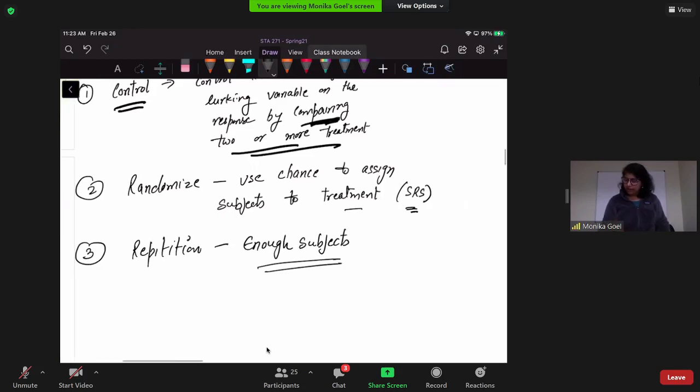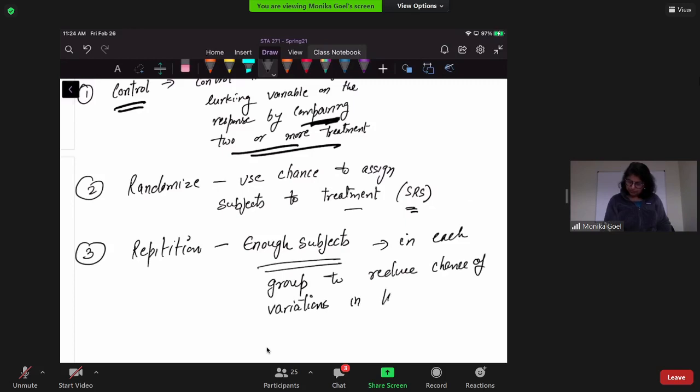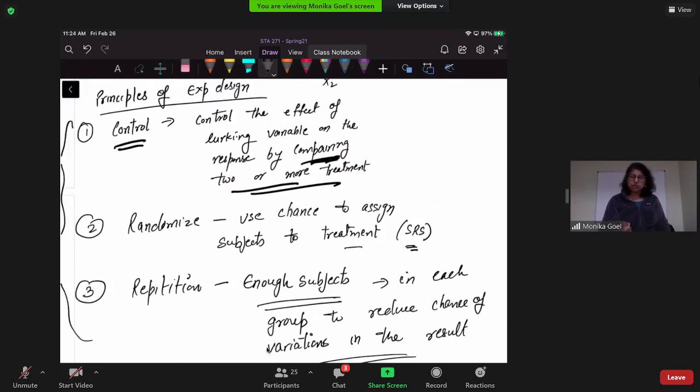So we should have enough subject in each group to reduce chance of variations in the results. So we should have enough subject when you are applying the treatment. So if you do not have enough subject in each group, then you may not be able to apply the treatment and compare. So these are called your 3 basic principles of experimental design.